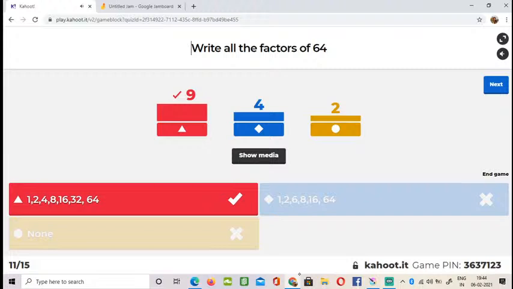Okay, I have the results with me. 9 correct answers and 6 wrong answers. No worries about that. 1, 2, 4, 8, 16, 32, and 64 are your factors for 64. So hope everybody understood. So without any delay, let's move to the next question.